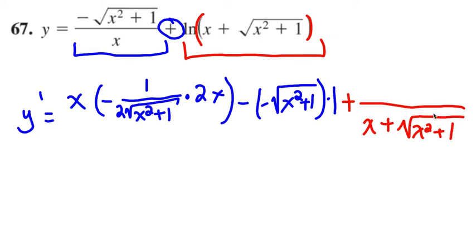So the derivative of x is 1 plus the derivative of square root of x squared plus 1. We already know that because we did it right here. So it's going to be 1 over 2 square root of x squared plus 1, and then times the derivative of the inside, which is 2x, finishing out our chain rule.